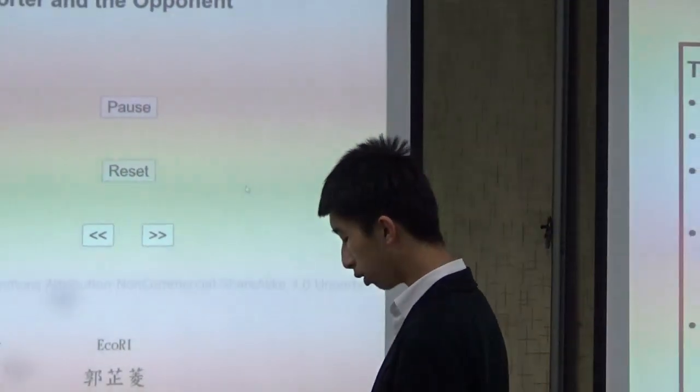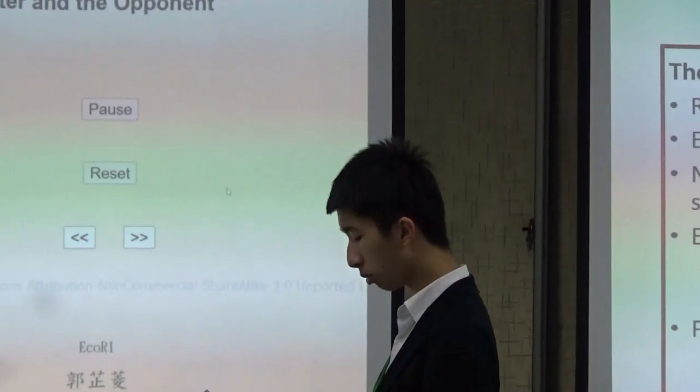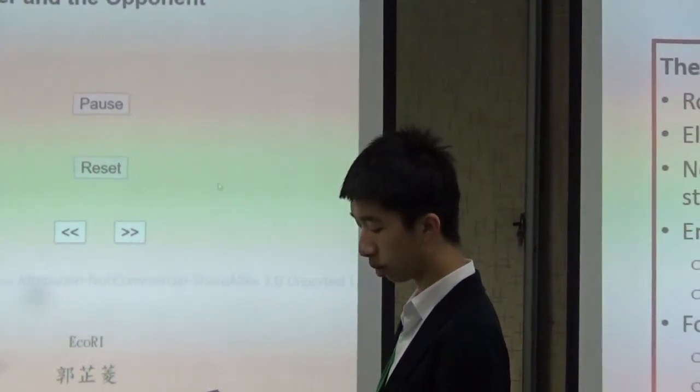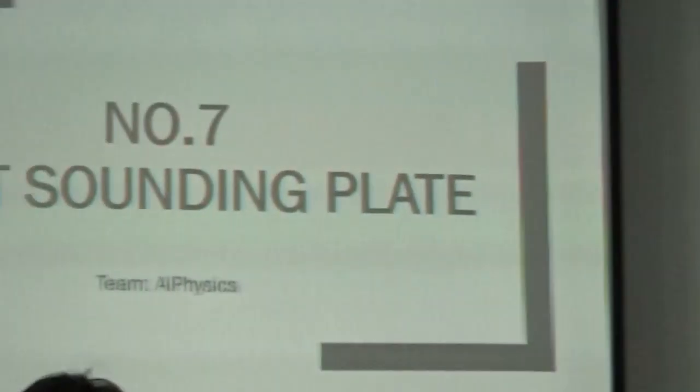Okay. The next question is why the shape of the rubber band is more stable during flight if the rubber band is spinning?